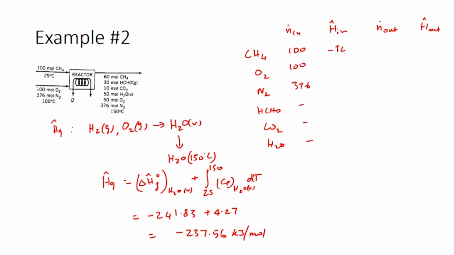So, minus 74.85, 2.235, 2.187 and not worry about these three. You have 60, 50, 376, 30, 10 and 50.